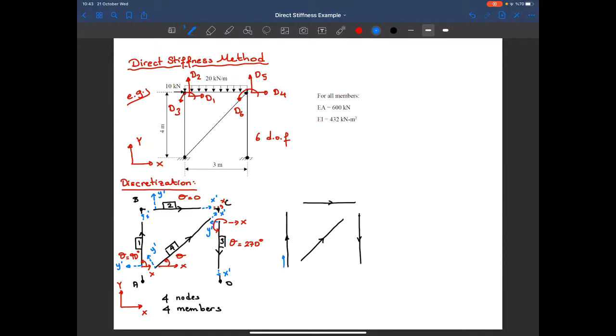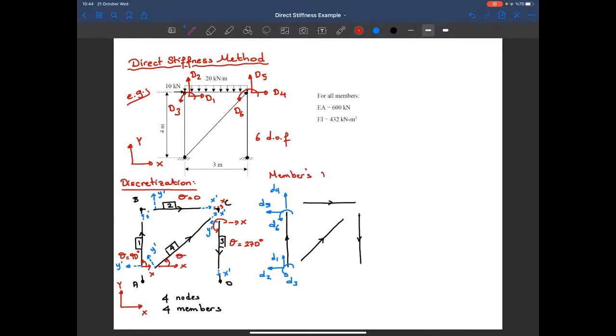So that's D1, D2, D3, D4, D5, and D6. So here I'm showing the local or the members' degrees of freedom.